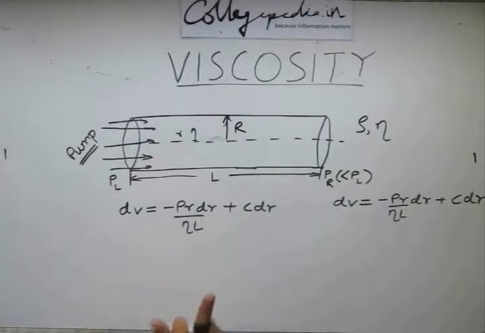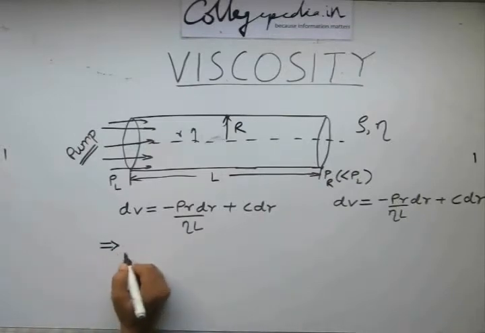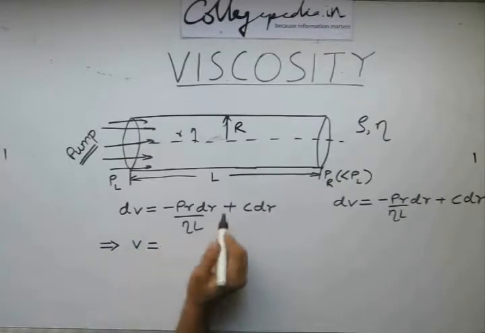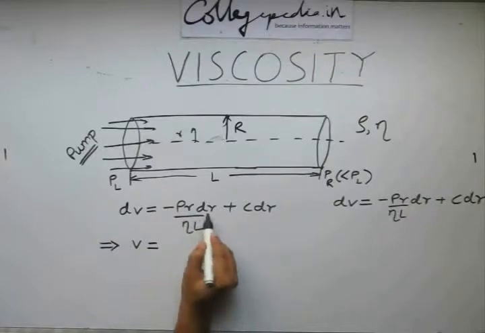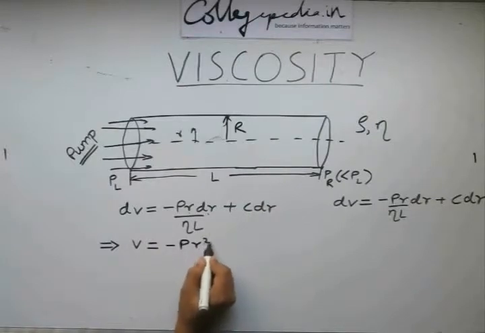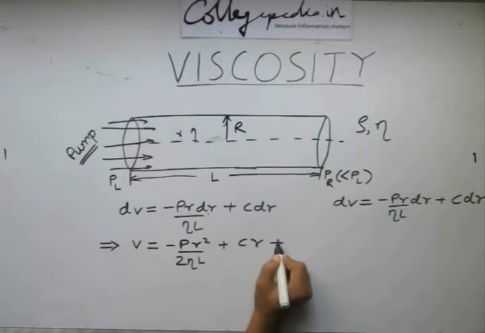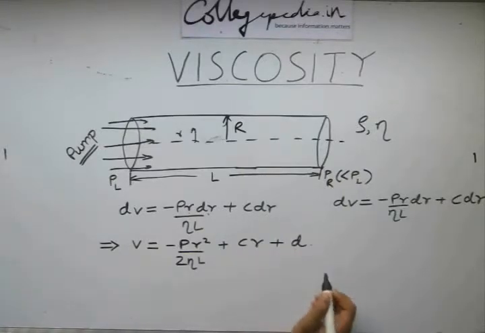If we integrate this, we will have the integral of r dr, which gives us r square by 2. So we will have V equal to minus P r square by 2 eta L plus C r plus some other constant D.